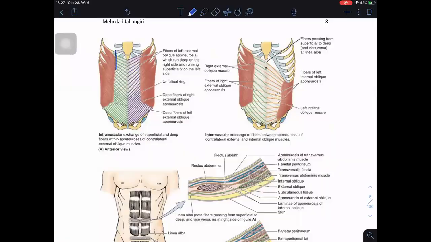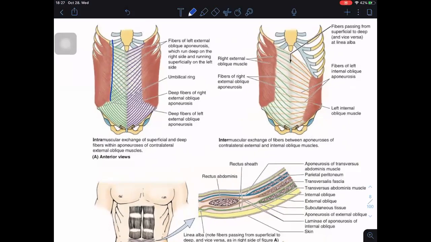So aponeurosis starts from the mid-clavicular line, and another line you can draw: if you connect the umbilicus toward the anterior superior iliac spine, you call this line the spino-umbilical line. So you're going to have the external oblique aponeurosis start from the mid-clavicular line and spino-umbilical line.